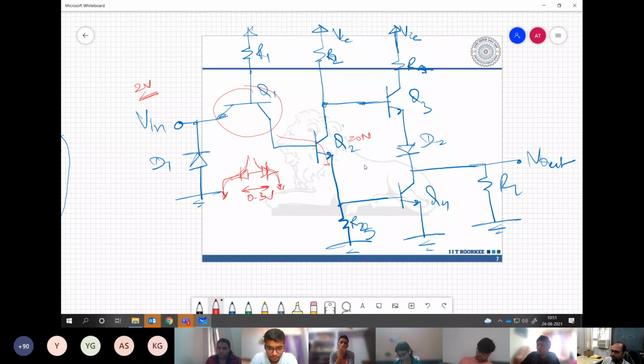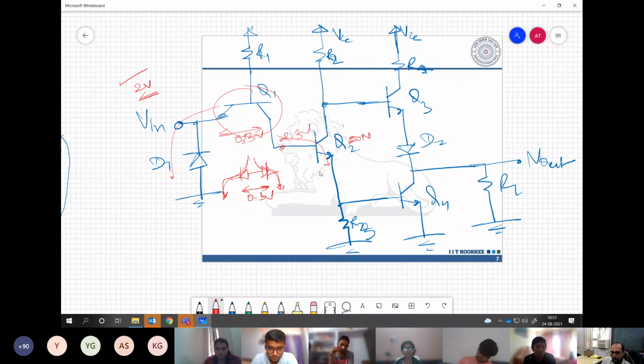Understanding my point? Yes or no? Yes, sir. Okay. Now let us say we are applying only 2 volts over here. So both the possibilities are there. Let's say if the first possibility happens, this conducts, then this is some 0.3 volts, and then the voltage appearing over here would be some 2.3 volt.